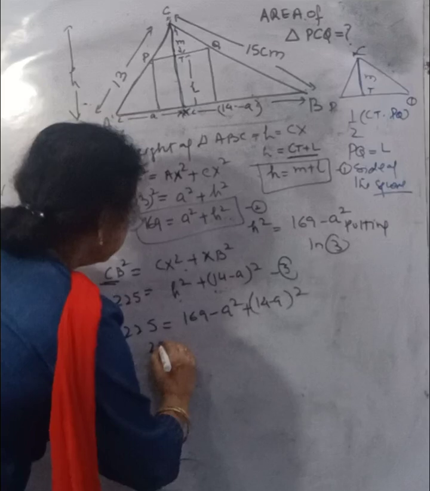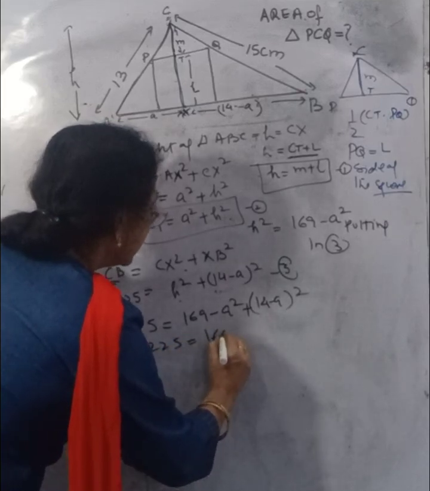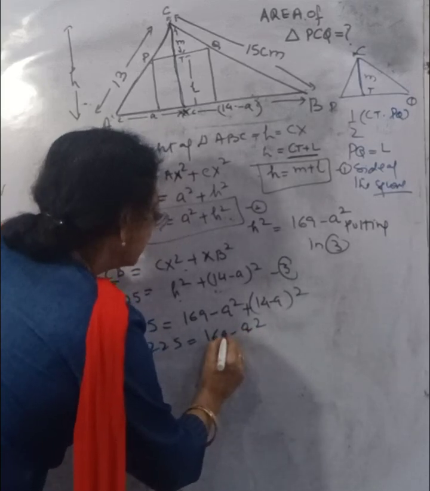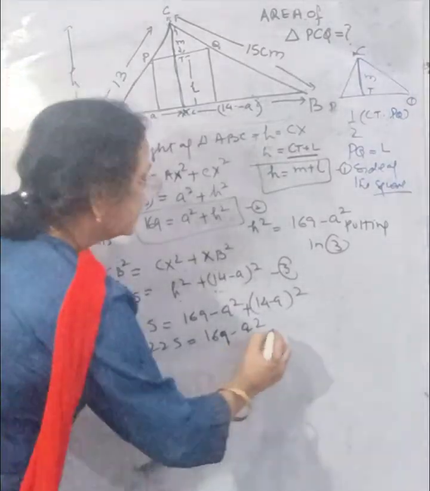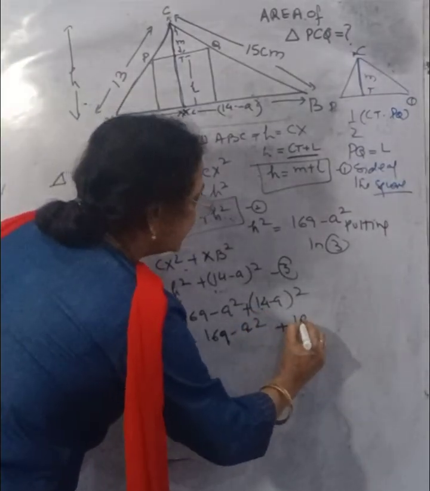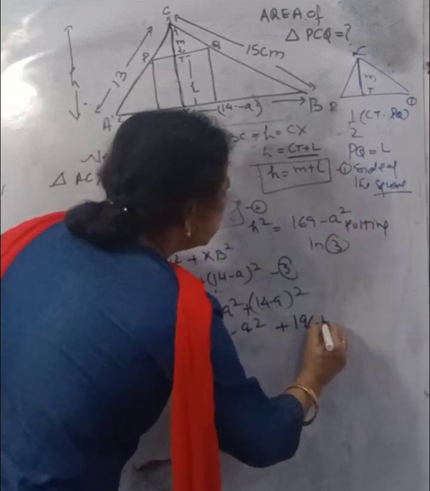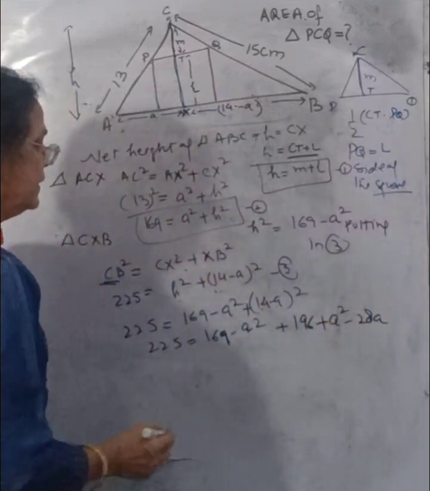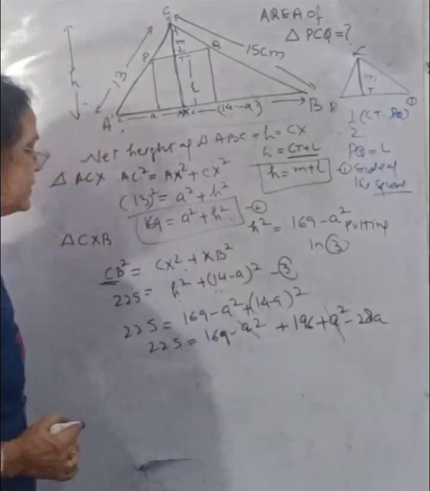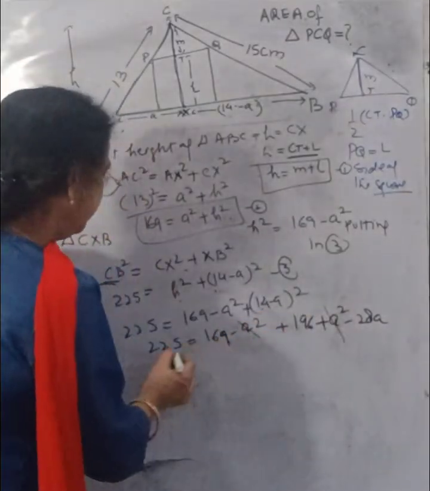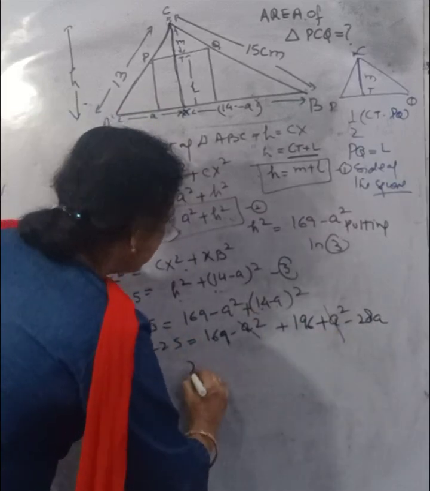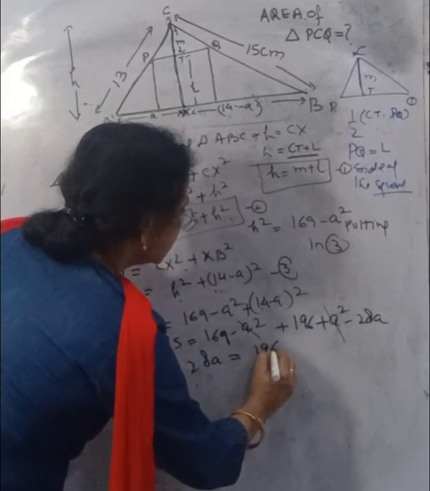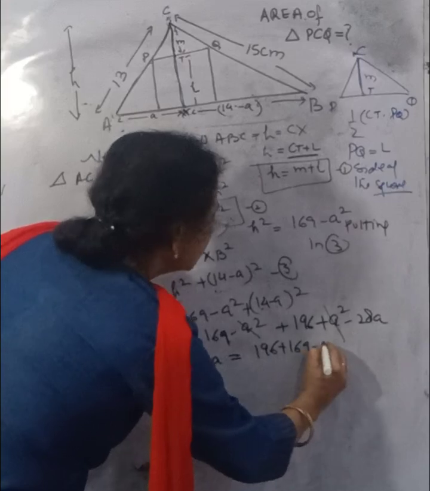So 225 is equal to 169 minus A square plus 14 square, which is 196, plus A square minus 28A. The A square terms cancel and hence we get 28 times A equal to 196 plus 169 minus 225.